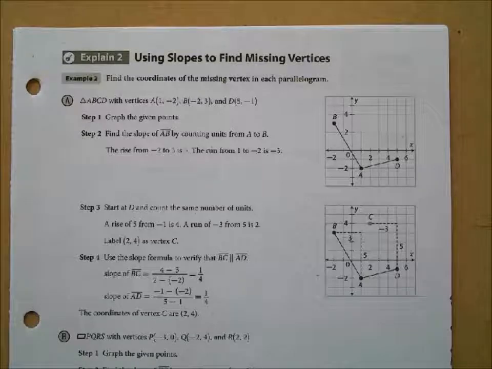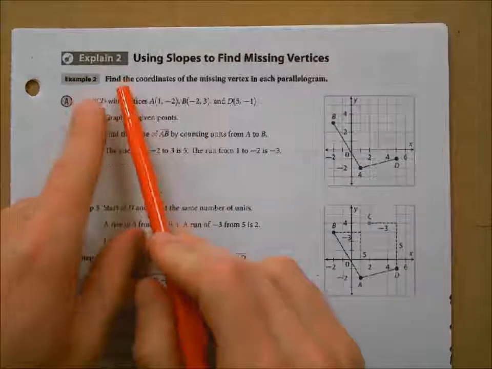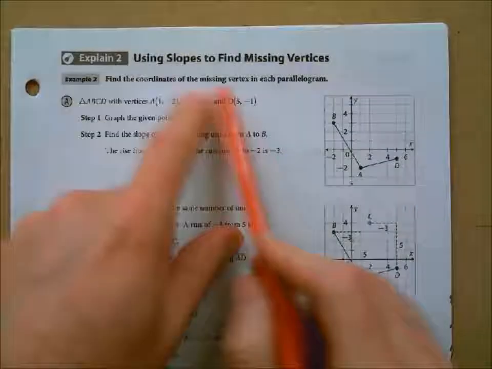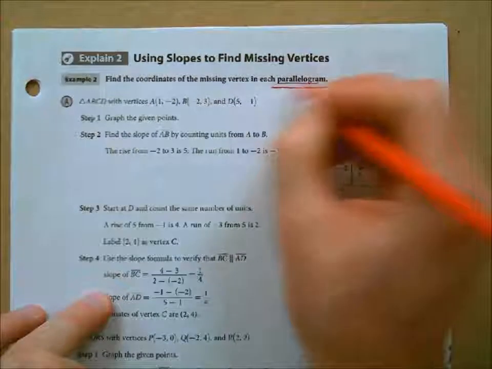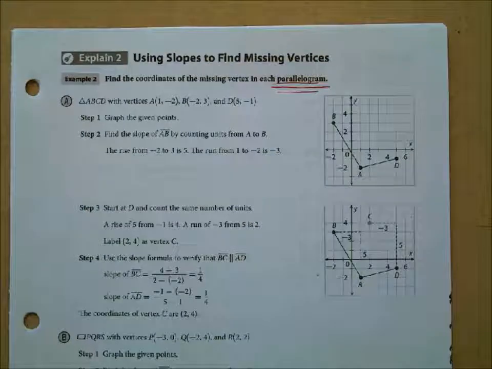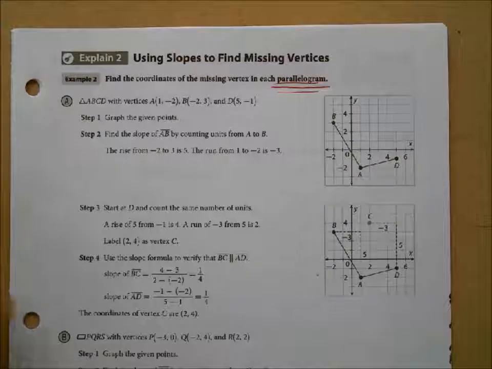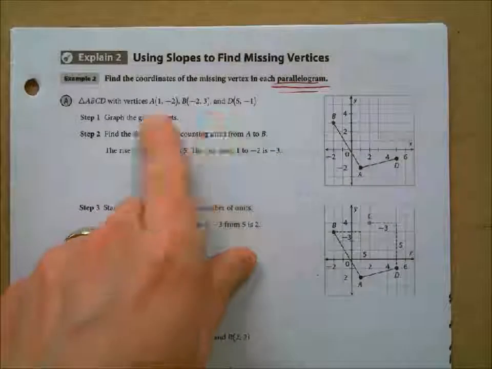Anyway, so let's go on here to Example 2. So now we're going to also use slopes to help us find missing vertices. Example 2 asks us to find the coordinates of the missing vertex in each parallelogram. So now we know we want this shape to be a parallelogram, and we're given 3 of the coordinates.